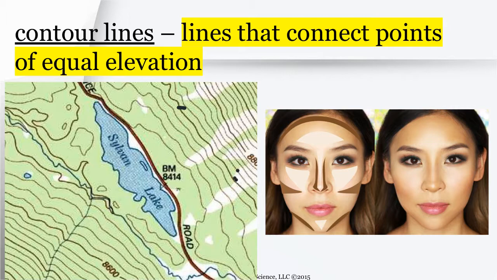Like this lady on the right hand side here, her cheekbones, she wants them to look higher, so she gives them a lighter color. And the things that she wants to kind of fade into the background, she makes those a darker color. And so we call that contouring, because what you're trying to show is those high points of the face and the lower points of the face, just like you're trying to show elevation on a map, the high points of a map and the low points of a map.